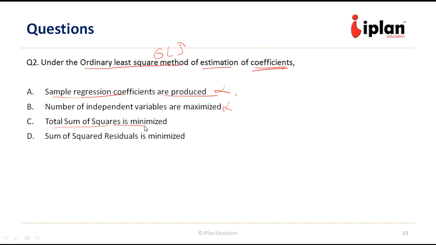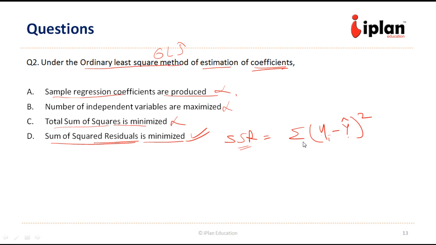The total sum of square is minimized. Not true. Sum of squares of residuals is minimized. That is right. So we minimize SSR, which is also the sum of the difference between y and y cap, the estimation and the real. So this is sum of square of residuals, which is to be minimized under OLS.